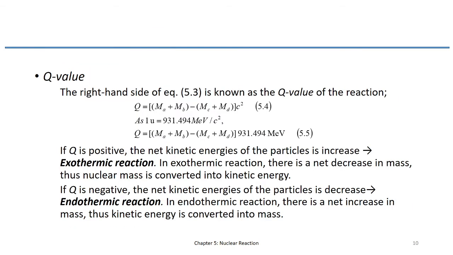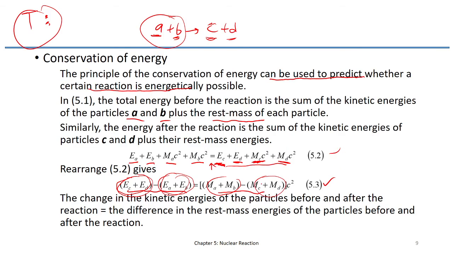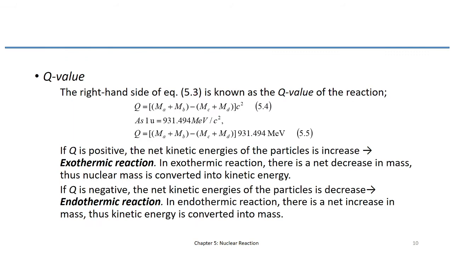Okay, so the right hand side of equation 5.3 is known as the Q value. This approach is like what we did in radioactivity.